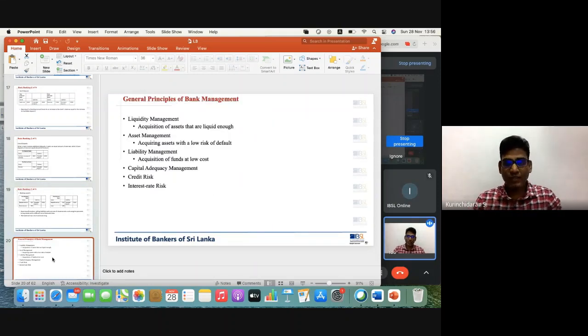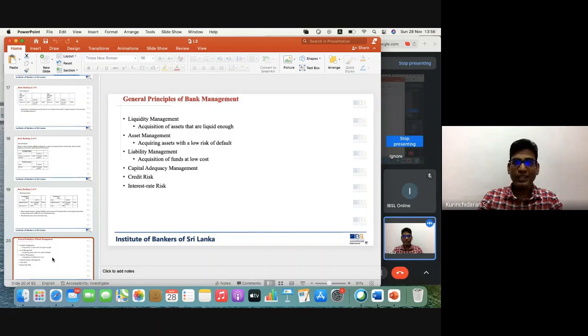So next one. This is the banking, right? But banking is subject to serious risks, so you have to manage those risks. Now the question is, what are the areas a bank should look into for better management to get a better return?